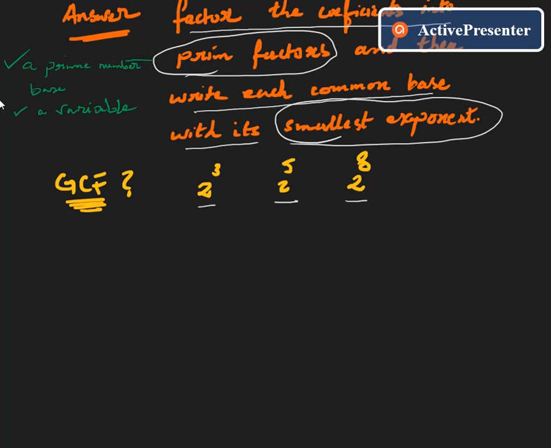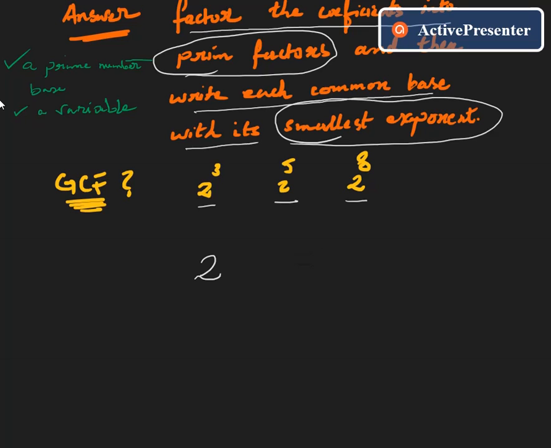We can say 2, because it is a prime base. Now we have a prime base that is common in here and in here and in here, so this is a prime factor. What is the smallest exponent that is common to all three?